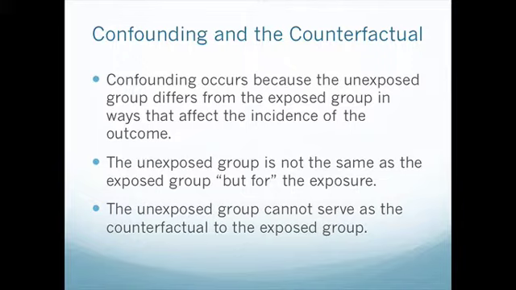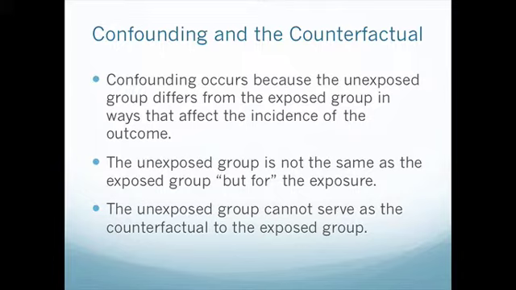So there's something different about our exposed group and our unexposed group. And specifically, that different thing is that our third factor is unequally distributed in our exposed group and our unexposed group.